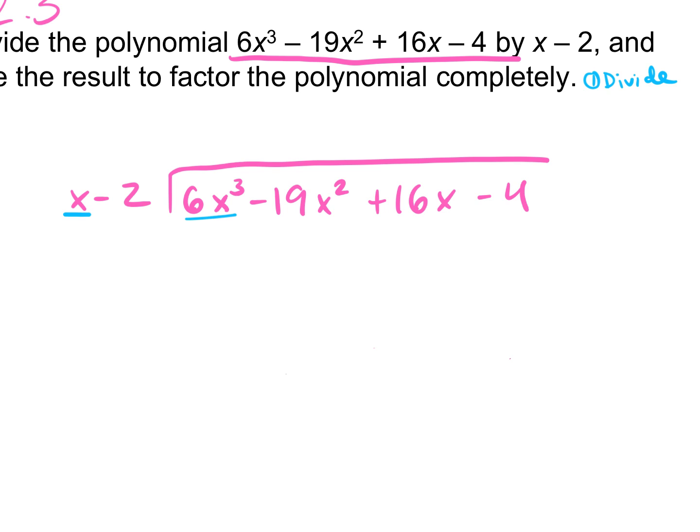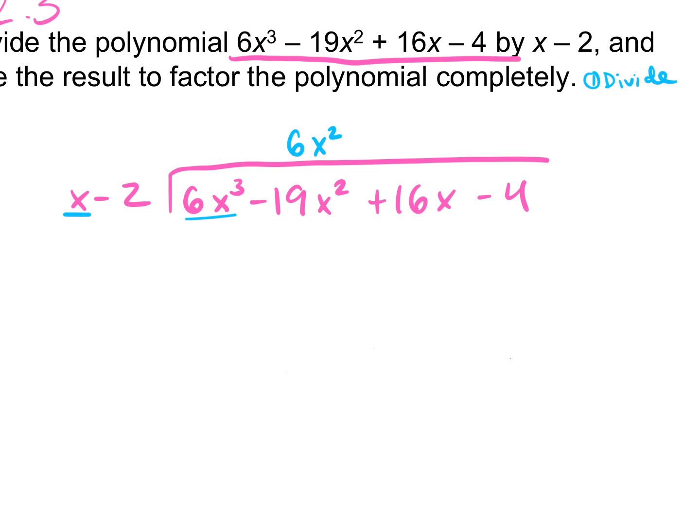Olivia. 6x squared. Awesome. I'm going to write the x squared term on top of my x squared term. Keep your terms in order. It'll make this easier for you to follow along.